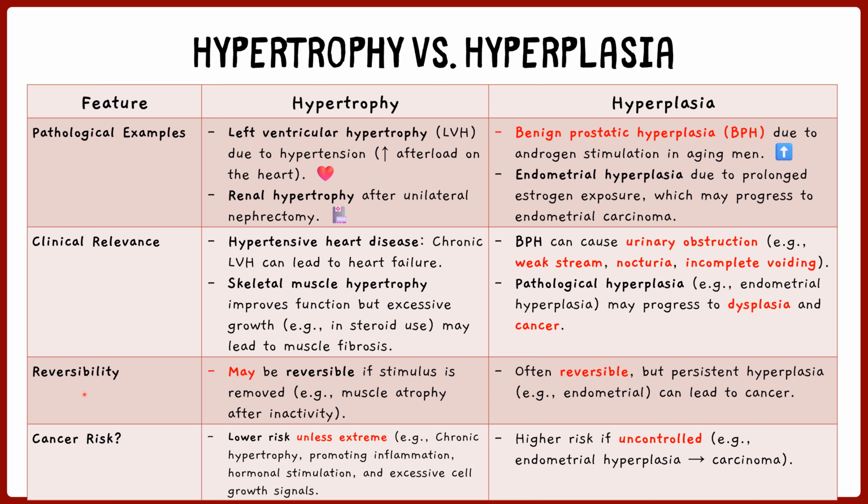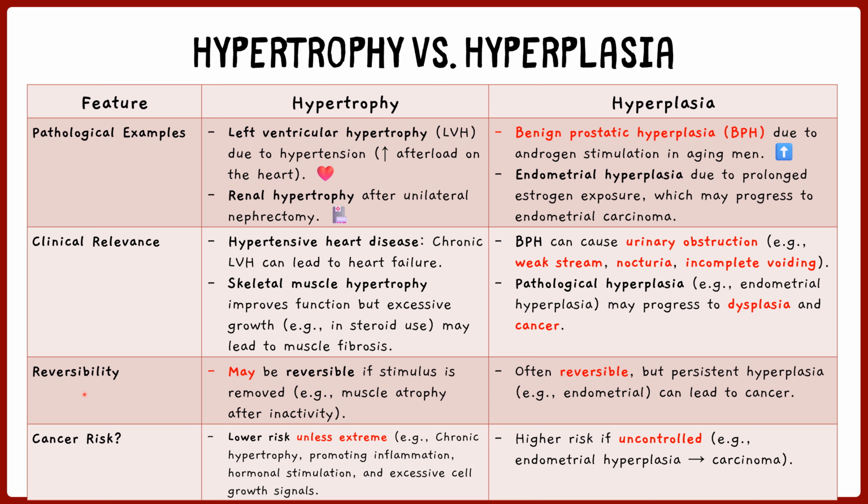Does not matter because even pregnancy related issues, by the way, can result in hypertrophy in the heart, for example. These are going to be reversible. Why? Because the moment the stimuli is removed, everything goes back to normal. For example, if the problem was exercise, you stop exercise, everything goes back to normal. If it's pregnancy, after the pregnancy is over, everything goes back to normal.